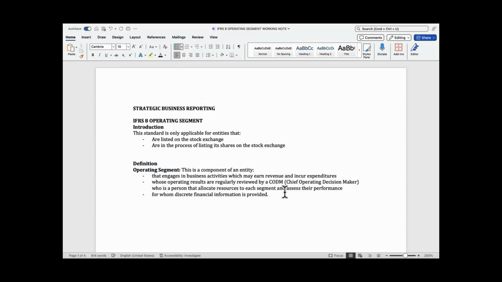There's something you might want to miss out here, which is "may earn revenue". So a company can have different branches.